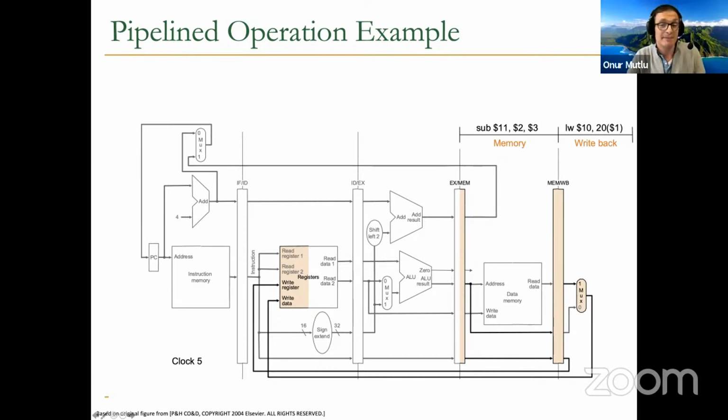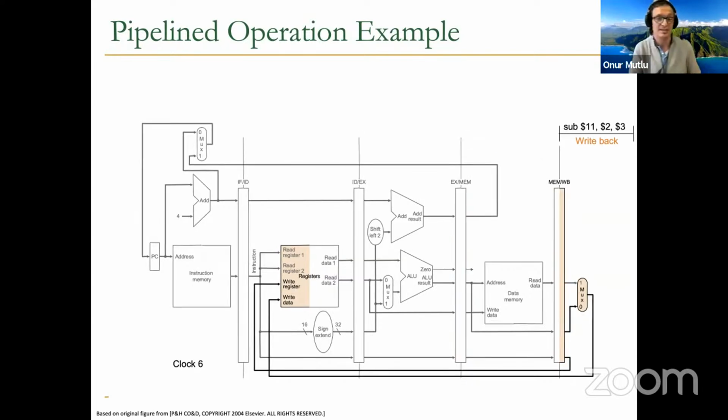So we're wasting time by ensuring that the subtract instruction goes through the memory stage, whereas it really doesn't have to. But fixing this takes a lot of effort, and if you fix it, it's not a perfectly pipelined processor. So we're going to make sure that all instructions go through every stage.